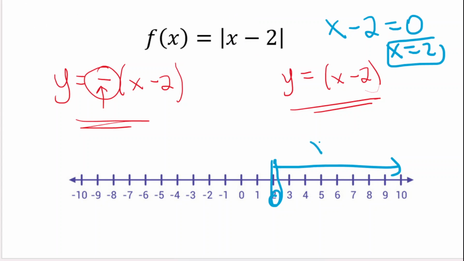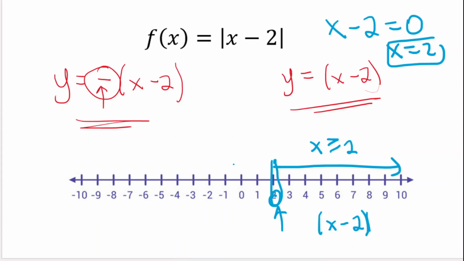So for values that are greater than or equal to 2, and again, I want to include 2 in this set, we're going to follow the rule that says just do whatever the inside part of that bracket is, and don't change it. You're perfectly fine to just calculate x minus 2.